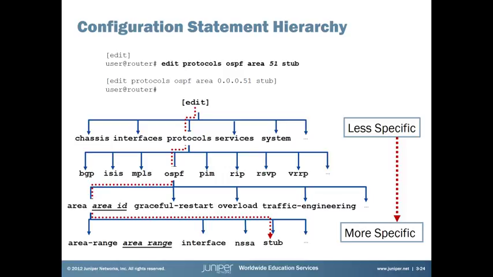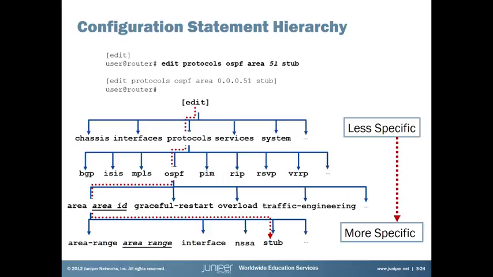If I was going to configure OSPF and I was at the very top level of my hierarchy, I would have to make the change to protocols OSPF. But if I type edit protocols, now I only have to make the change to OSPF. Basically I'm down at that level.